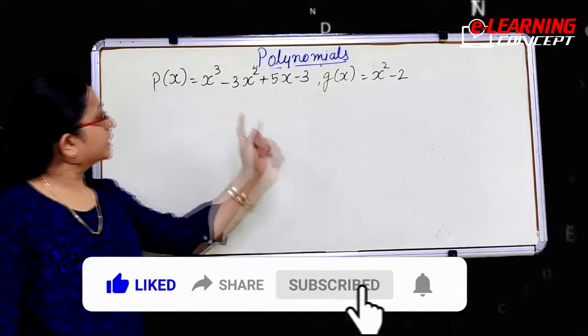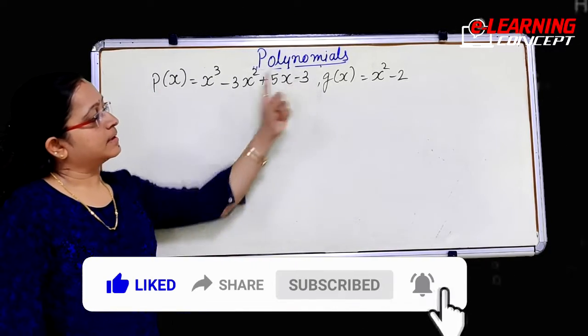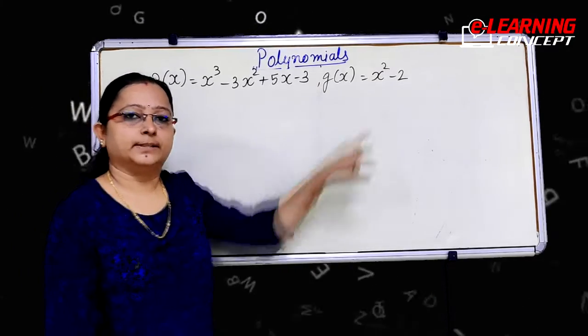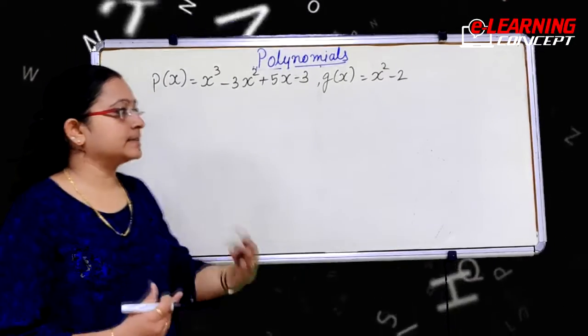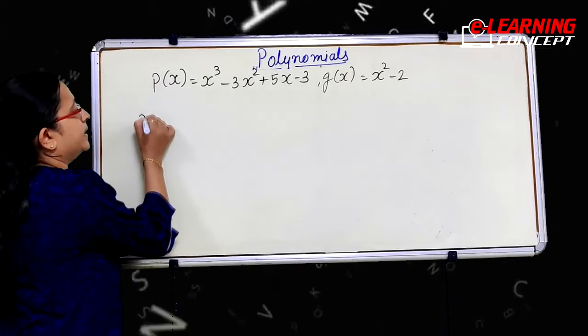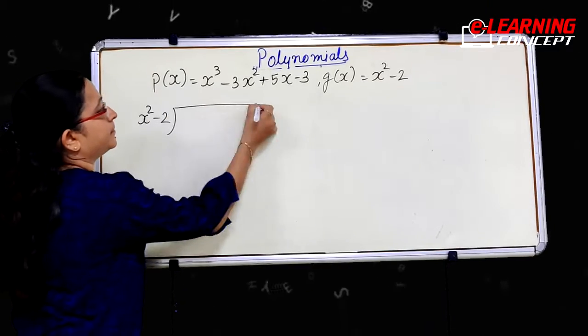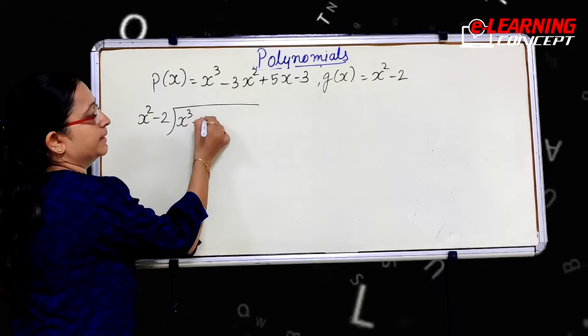So here I have taken p of x, we will divide it by g of x, and also we will verify the division algorithm. So let us start with how we divide polynomials. This is the divisor, this is the dividend.